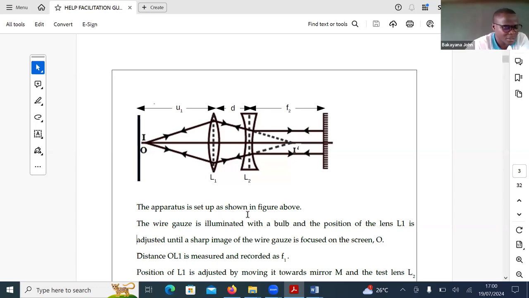So how do we get our final image? Please tell us.